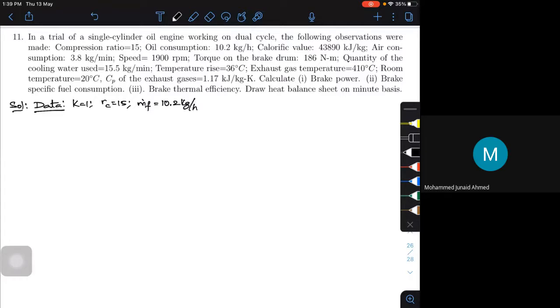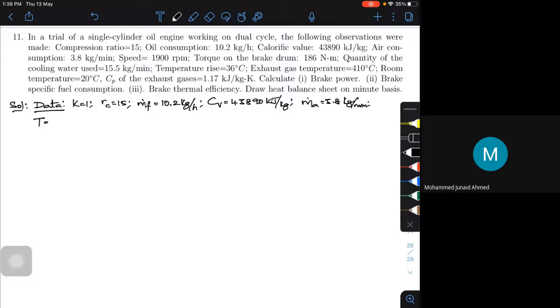They have given the CV of the fuel, actually it is 43,890 kilojoules per kg. They have given the mass of air consumed, which is 3.8 kg per minute. Okay, and they have given the torque directly, which is equal to 186 Newton meter.